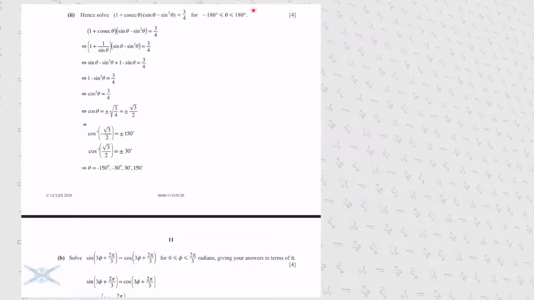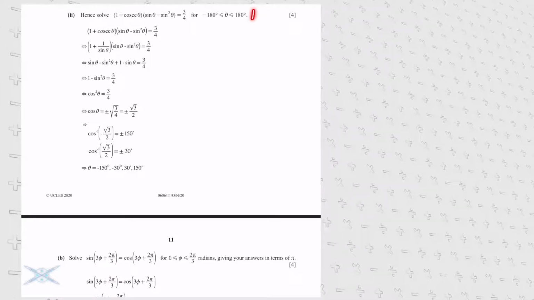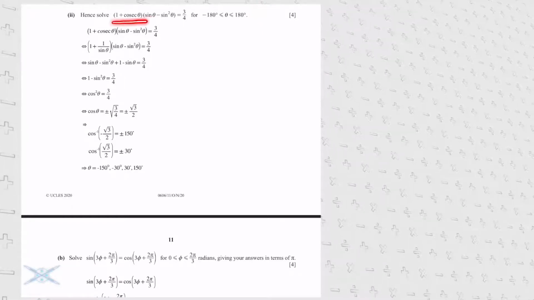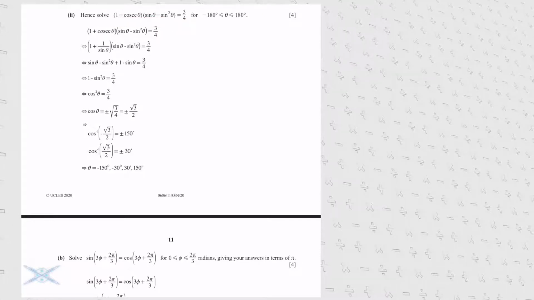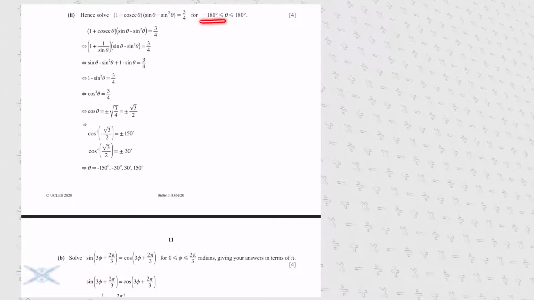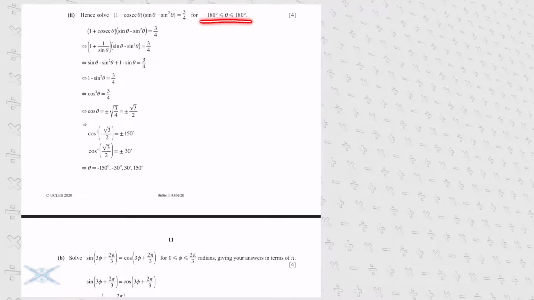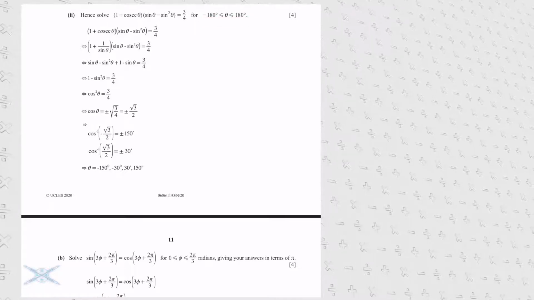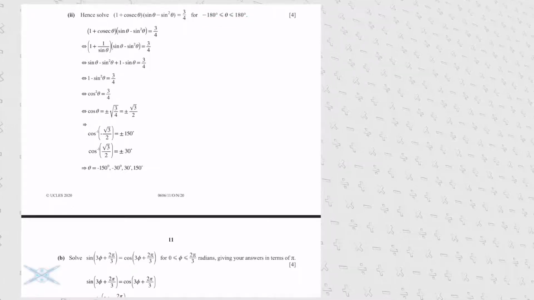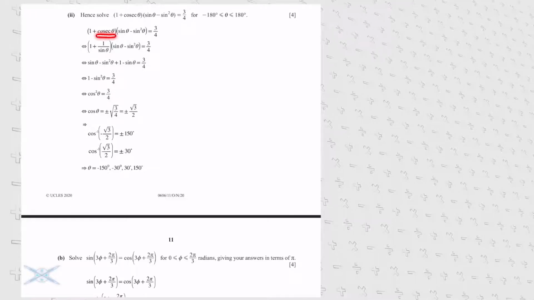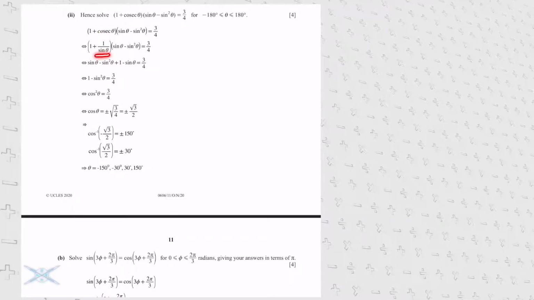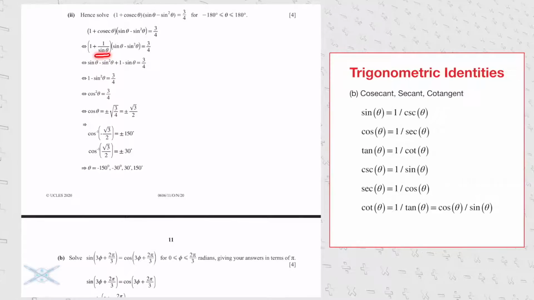The second part of exercise 8a requires us to solve this equation for the interval of theta between -180 and +180 degrees. Similarly to the first part of exercise 8a, we will replace this expression for 1 over sine theta according to the trigonometric identities.